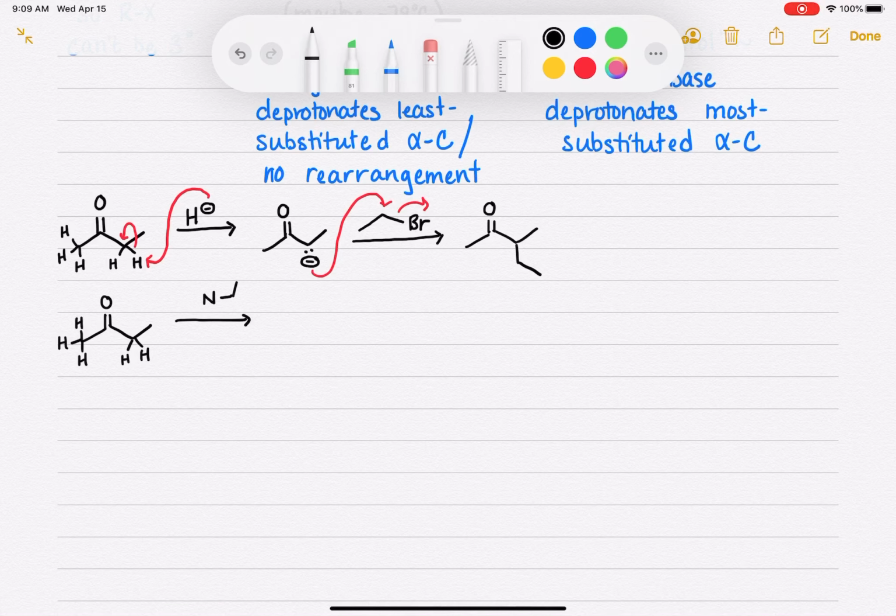It's a nitrogen with 2 isopropyl groups on it and 2 lone pairs and a negative charge, so that's the LDA. And because this is relatively bulky, it won't fit into the inside of that carbon chain. It's going to have to deprotonate out there on the end, on the least substituted carbon. So it gives us this enolate right here.